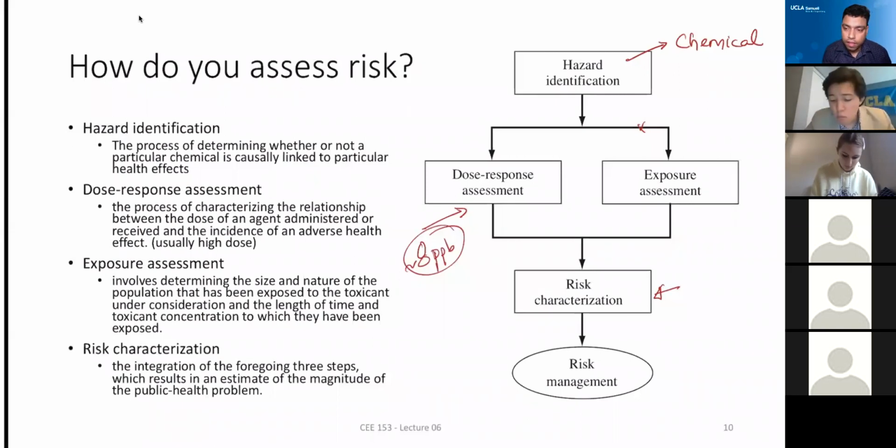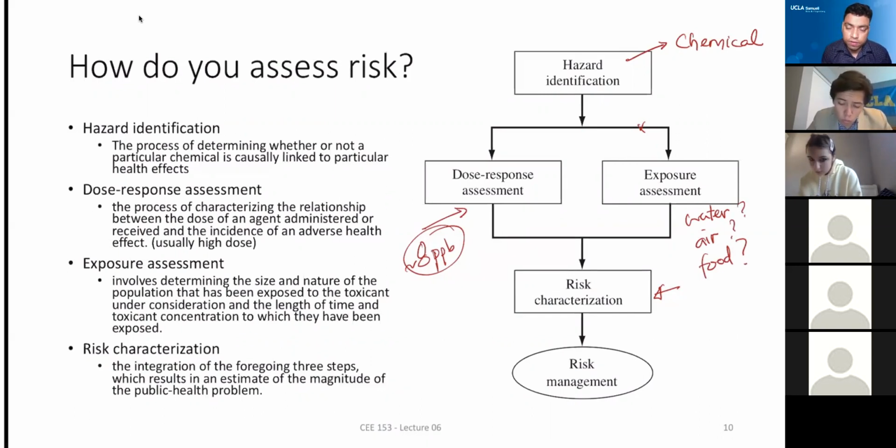So again, dose response is all about concentration: what concentration is toxic. Exposure assessment is which route you are going to get it through. If you get lead by air, it is very differently toxic than if you get lead by water. So this is more about whether it is water, air, or food, and which form you are getting, because it may have very different toxicity based on where it is exposed.